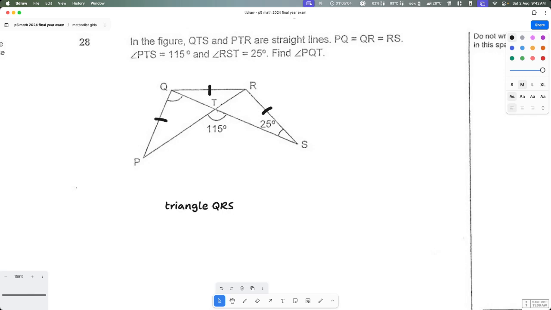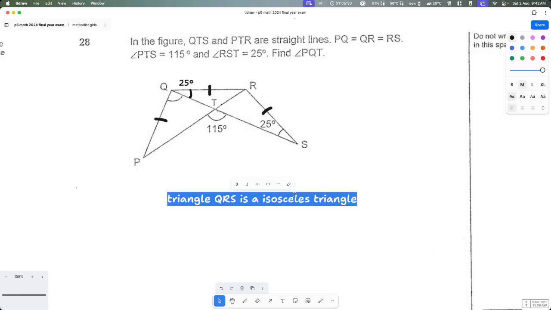So the thing is that triangle QRS is an isosceles triangle. Isosceles, yes. So that means this over here, let me just make it small, this one is also 25 degrees. This one over here, 25 degrees. So let me make this here 25.